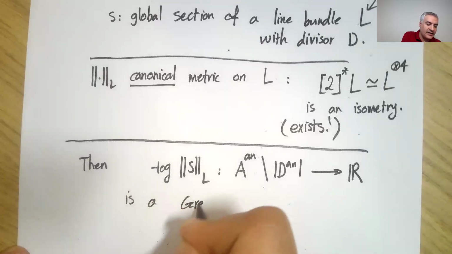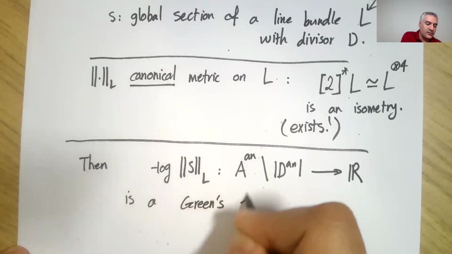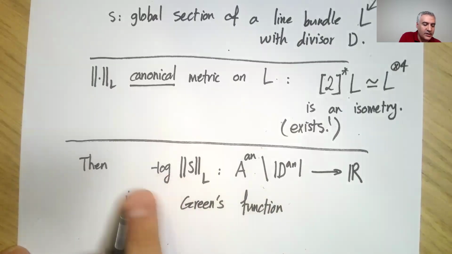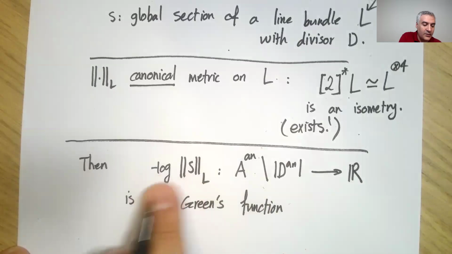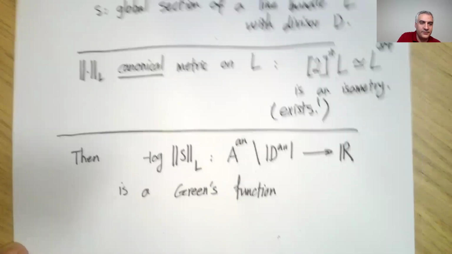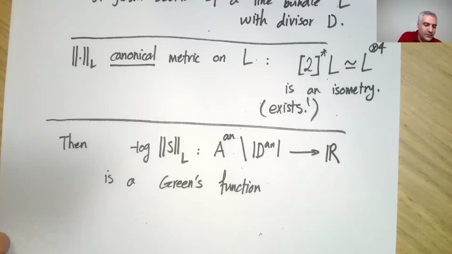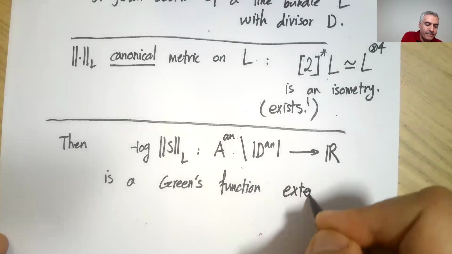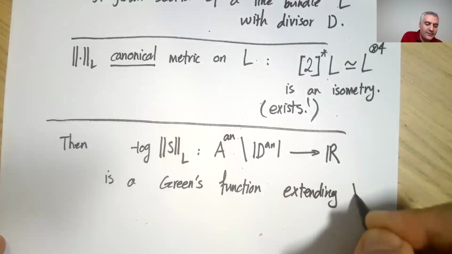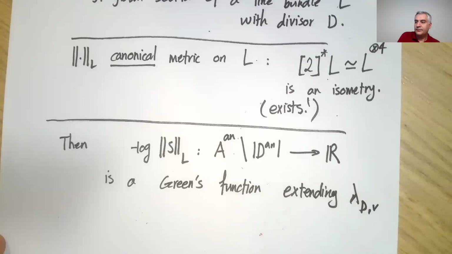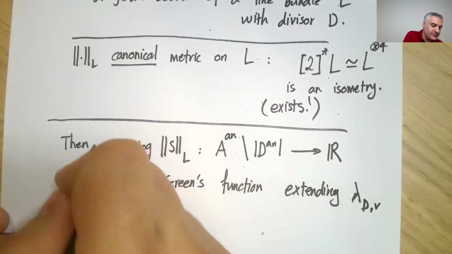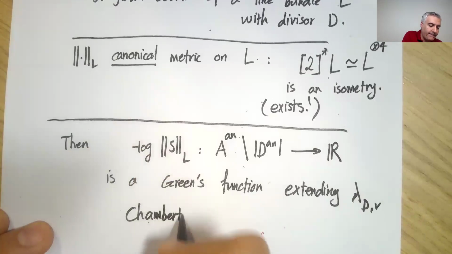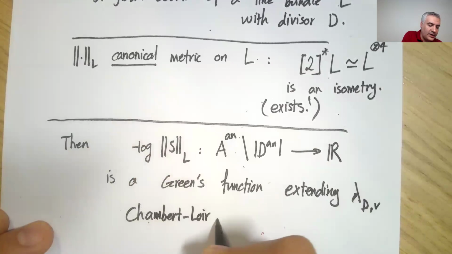is a Green's function, in fact. Green's function, meaning roughly, if you take appropriately its Laplacian, you get some measure that is well behaved. It is a Green's function extending lambda_D. And this follows from the work of Chambert-Loir and Ducros.